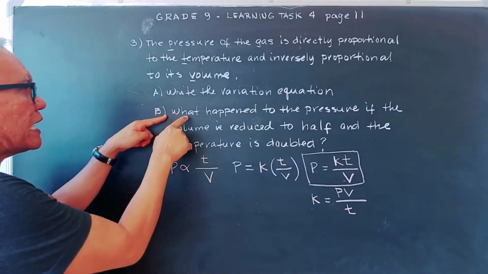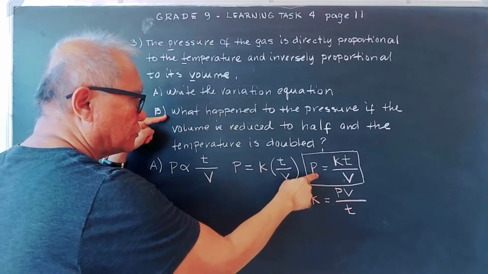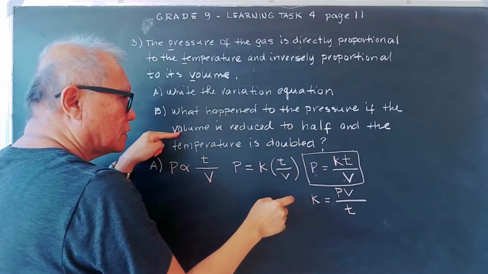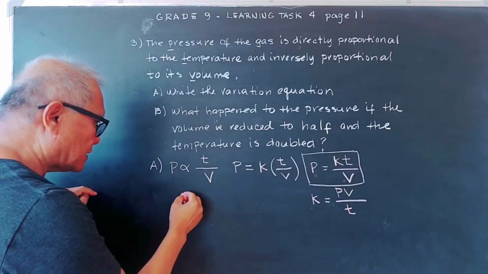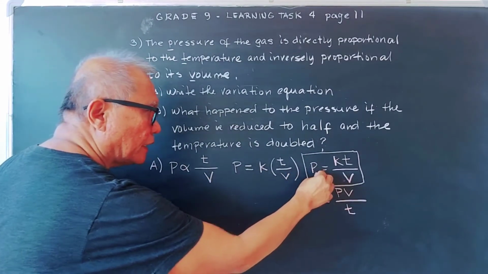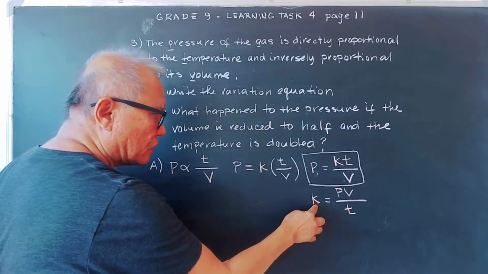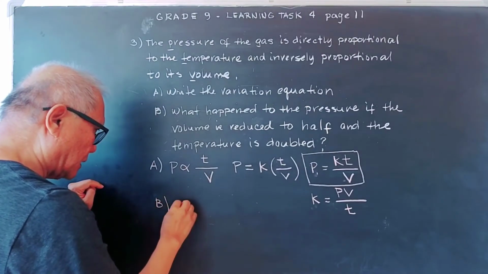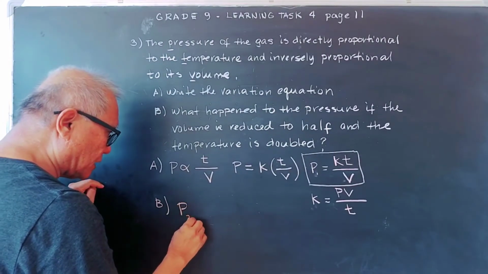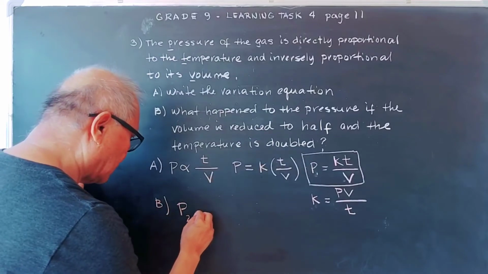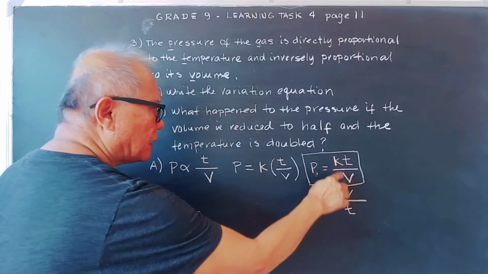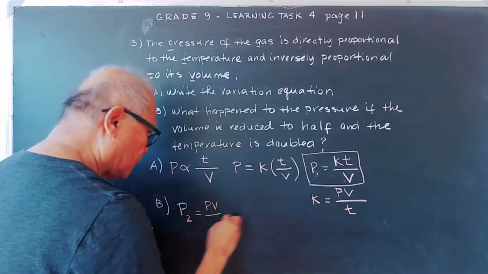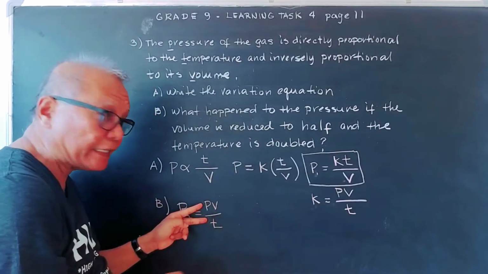Okay. B. What happened to the pressure, dito raw, if the volume is reduced to half? So, ang volume natin sa second, P1 ito. Okay. Sinolve natin ito. Pagdating natin dito sa B, anong pressure ang mangyayari? Gawin natin P sub 2. Okay. Yung K natin is, ayun, PV over T. O, ito yung K ha, yun.